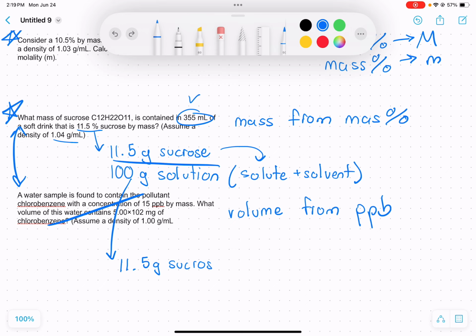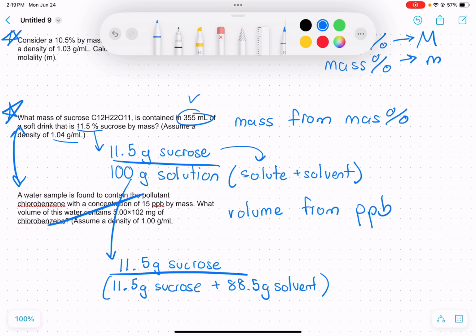So let me just finish it because I think it's useful for later. We could write the total down here as well, 11.5 grams sucrose, and then the difference from 100 is going to give us 88.5 grams of the solvent.